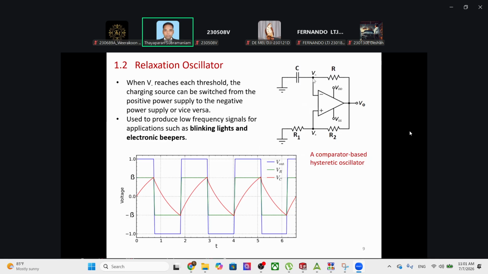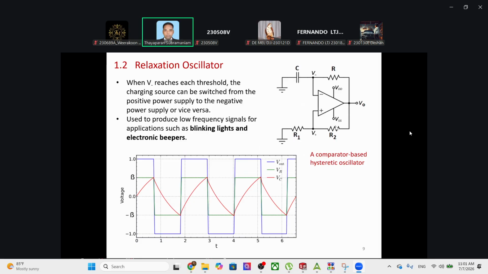But what is the impact? The point is, when R becomes higher and higher, the current through this path gets smaller. It may not be negligible compared to the current through the inverting terminal. So here R1, R2 and the op-amp are acting as a comparator, comparing the V minus voltage.